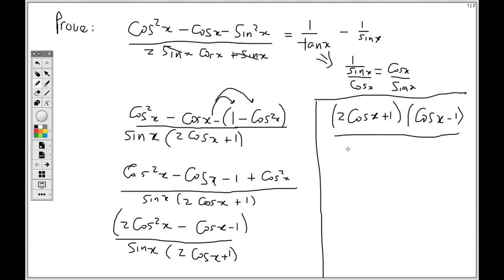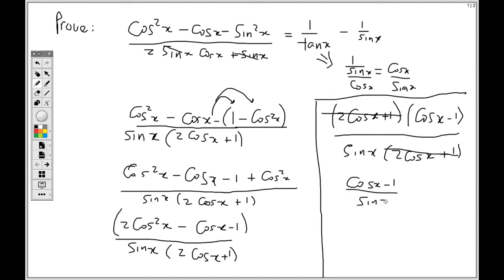So I have sin x times 2 cos x plus 1. And I'm hoping you're seeing that I can do a cancellation because I have 2 cos x plus 1 in the numerator and the denominator. So there will be a cancellation right here. These can be cancelled. So what is left? I have cos x minus 1 over sin x.